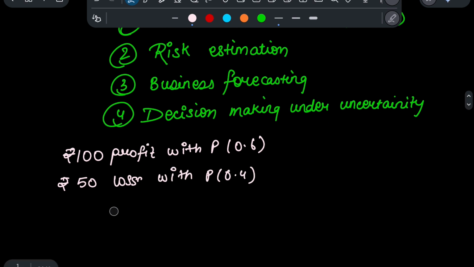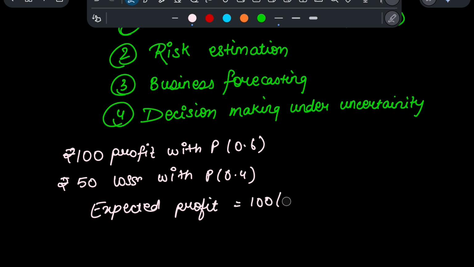So your expected profit will be 100 × 0.6 minus 50 × 0.4, which equals 40. So on average the campaign earns 40 rupees per run.